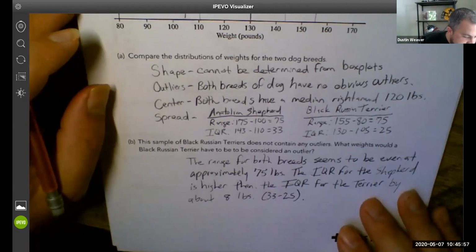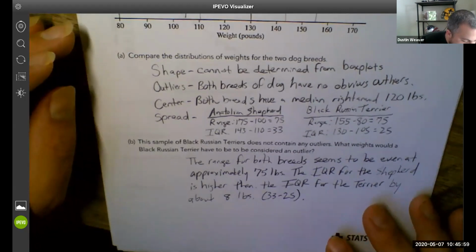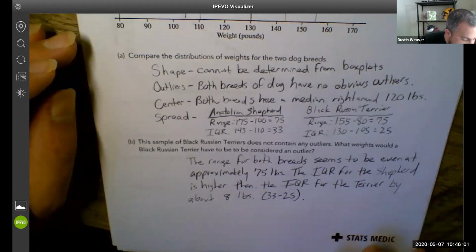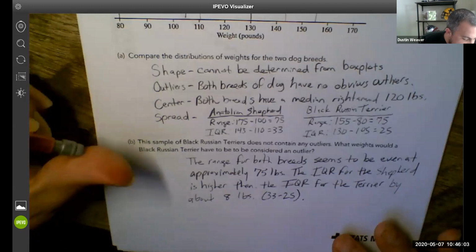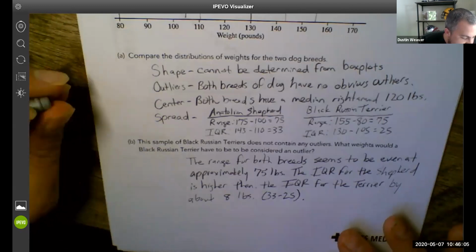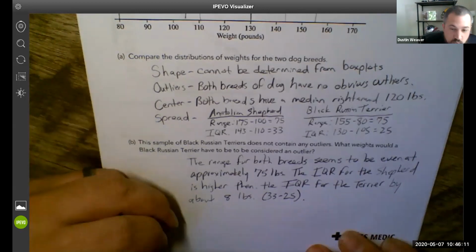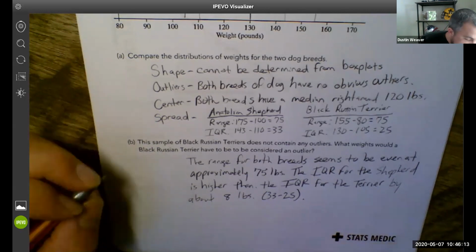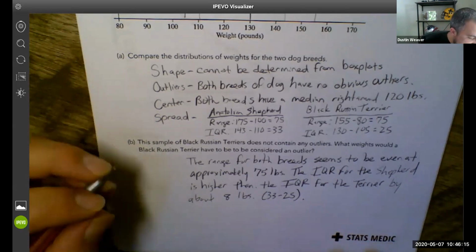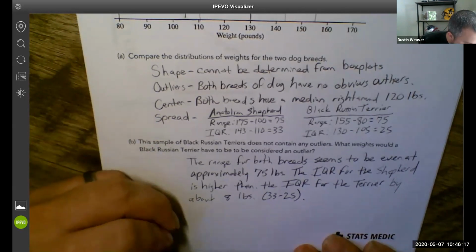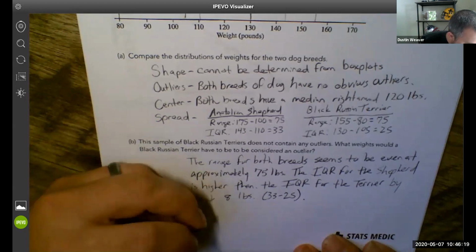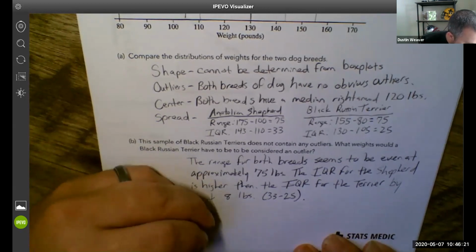Let's look at part B. The sample of Black Russian Terriers does not contain any outliers. What weights would a Black Russian Terrier have to be considered an outlier? Okay, so they're wanting us to use the outlier formula. So for the Black Russian Terriers, 130 minus 105 is the IQR, right?